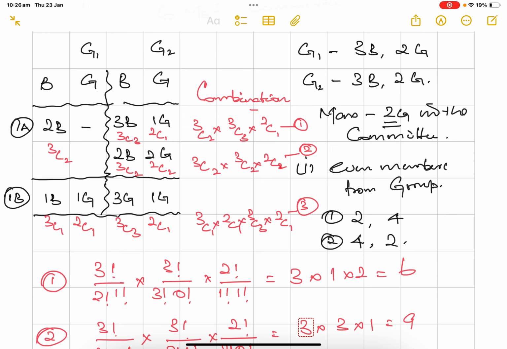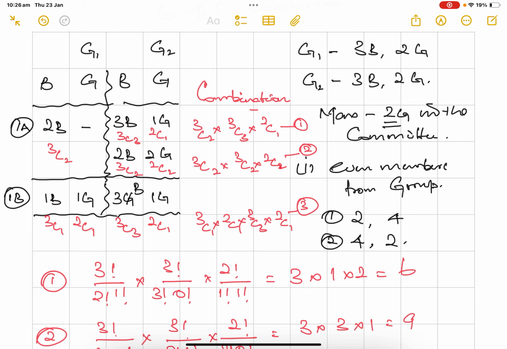And then the next one, 1B: as I said, 1 boy and 1 girl from group 1. Then from group 2 we need 4 members. We could get 2 girls, but we already have 1 girl, so it has to be 1 girl from group 2, because we only have 3 boys. So the only possibility is 3 boys and 1 girl from group 2.